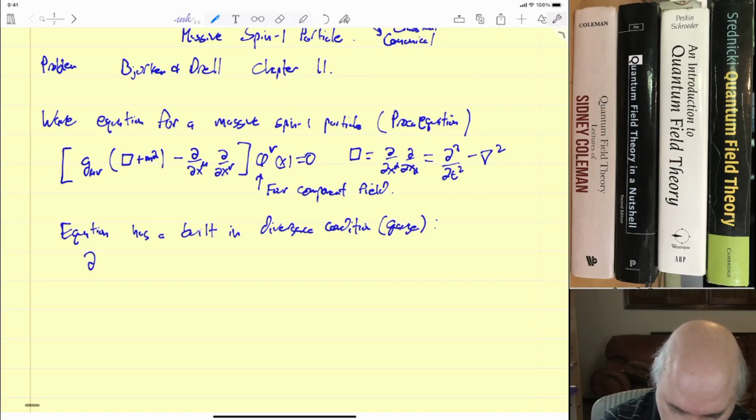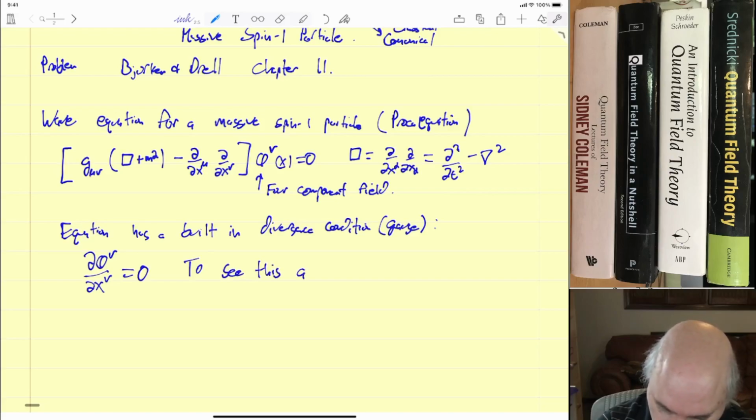This is the partial of phi nu. The covariant divergence is 0. So the first part of the problem is we should at least show this. To see this, apply the partial... Now notice there's only one free index in the wave equation. Nu is summed over, so this is 4 equations. The free index is mu. So apply the partial with respect to x mu to the wave equation.